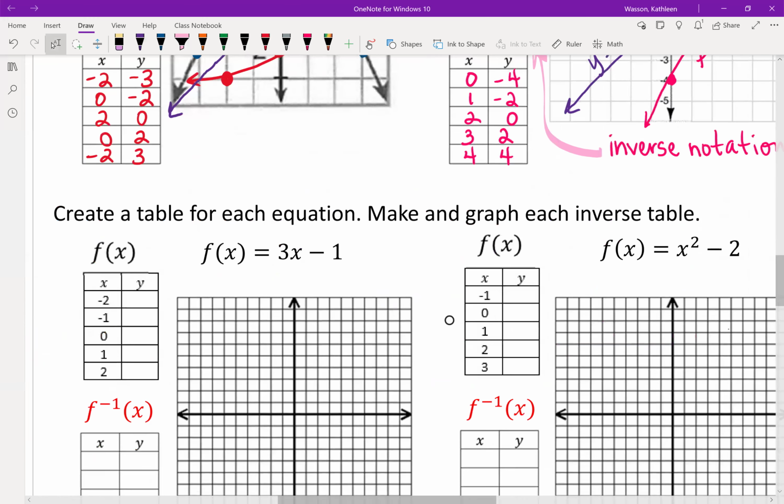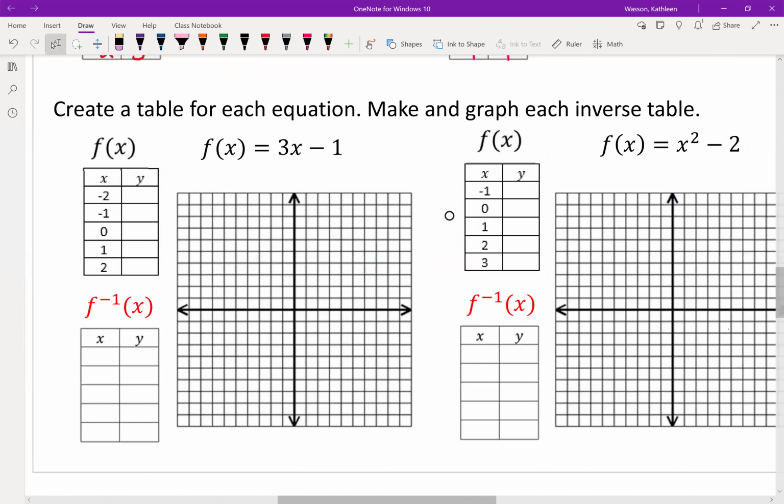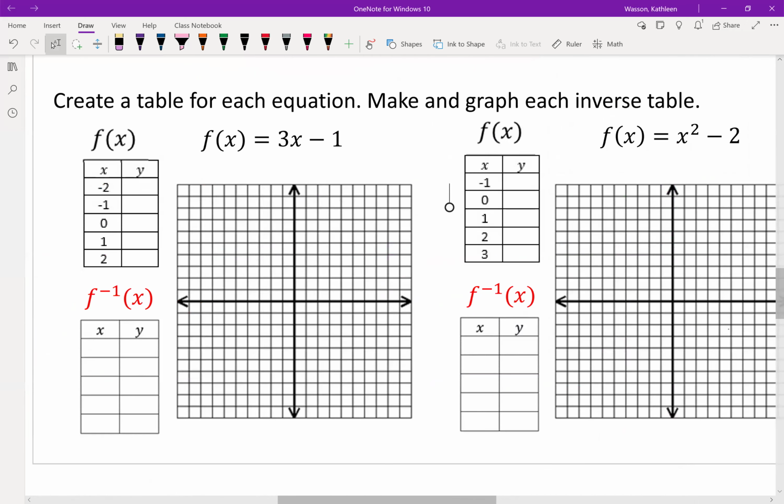It's also possible to graph an equation, make a table, and then use that table to draw the inverse graph.